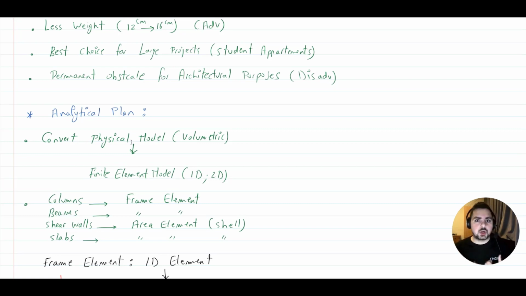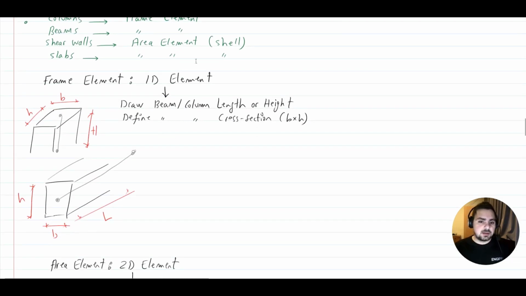Now, how do we draw these in AutoCAD? For a frame element or a 1D element, we have three dimensions, okay? We have small h, b, and big H here. The small h and b are similar in dimension; they're close to one another.